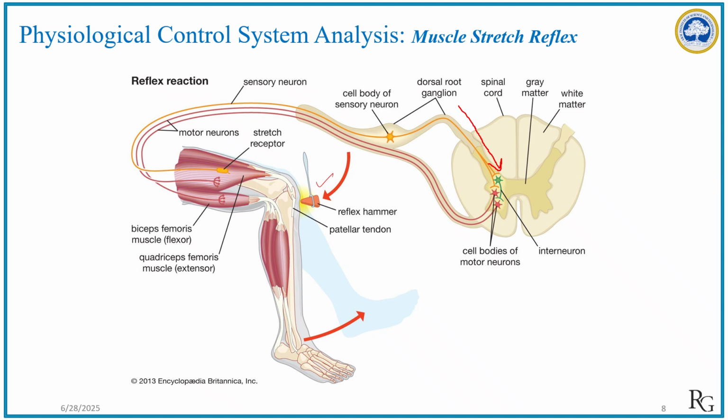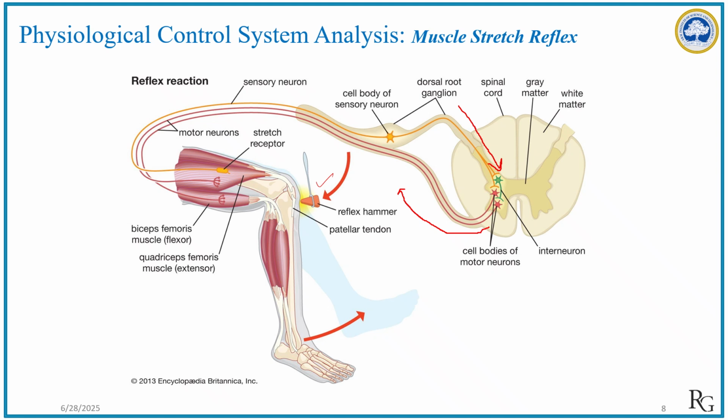Then, since each afferent nerve is synaptically connected with one motor neuron in the spinal cord, the motor neurons get activated and in turn send efferent neural impulses back to the same thigh muscles.